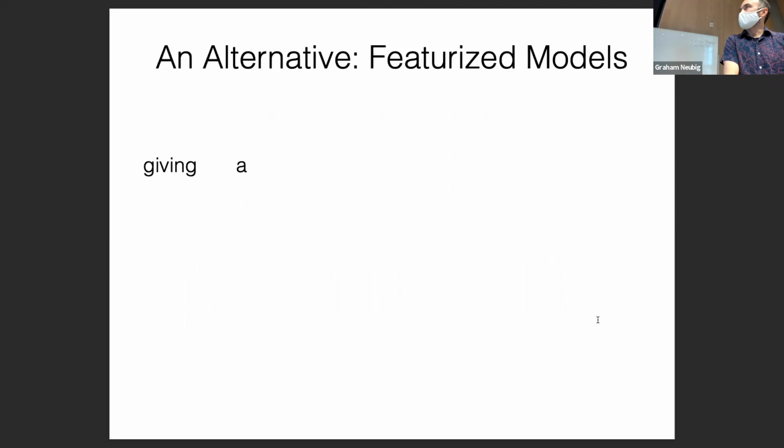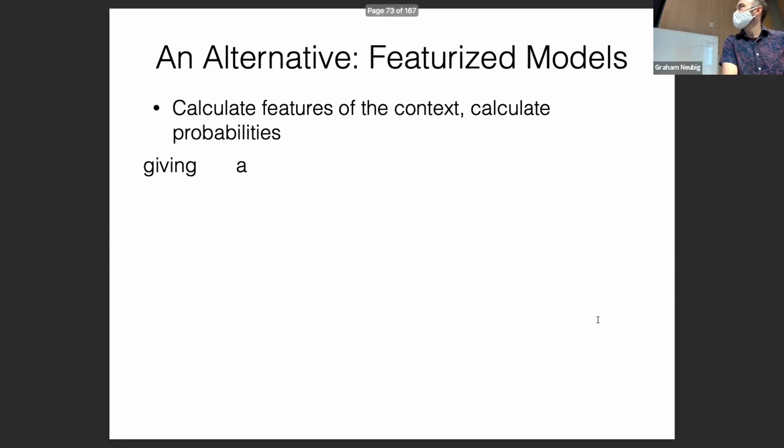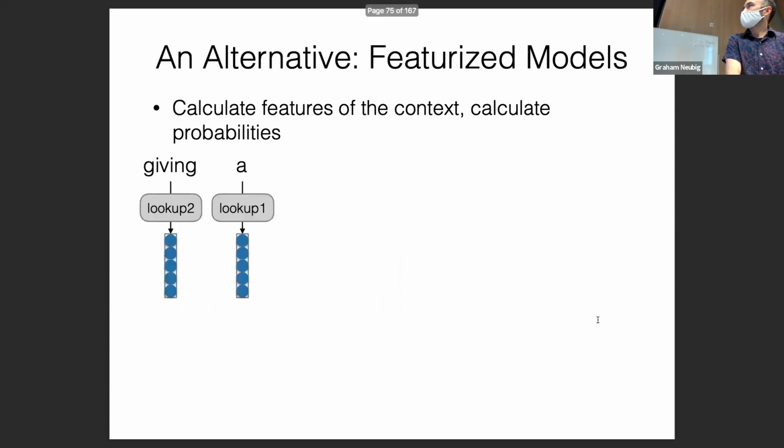Just to give an example, if we have the context "giving a," like giving a talk or giving a lecture or giving a present, we would calculate all of the features of the context. So we could look up features like this and have a bias and add them together and calculate scores.